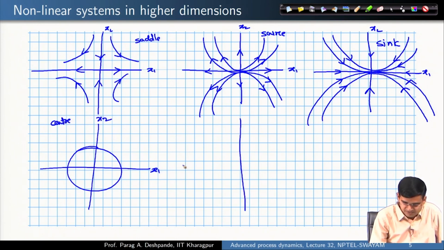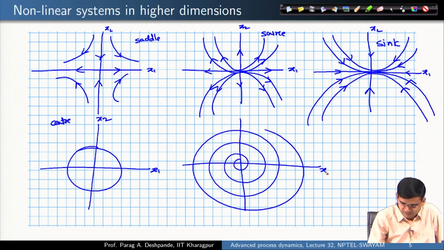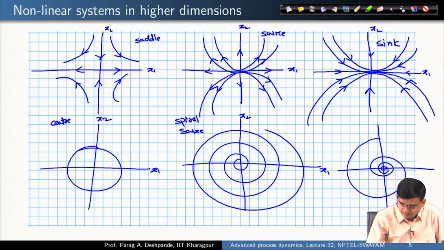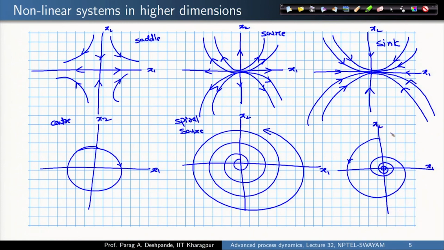We had spiral source, in x1, x2, and finally spiral sink, in x1, x2.